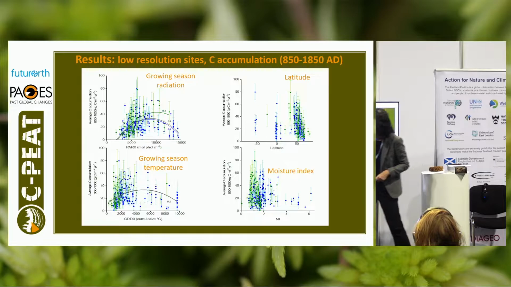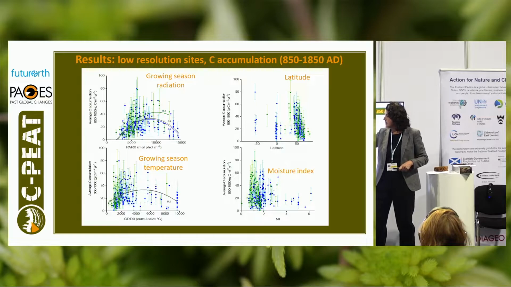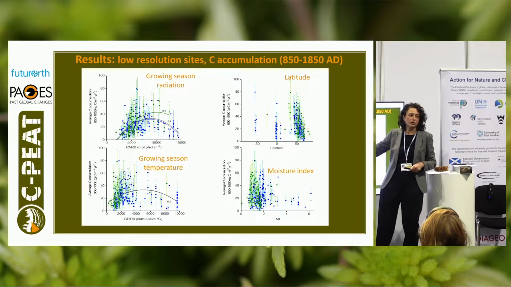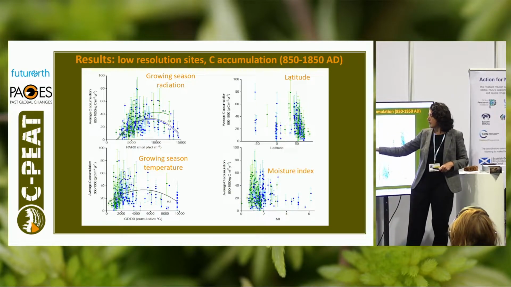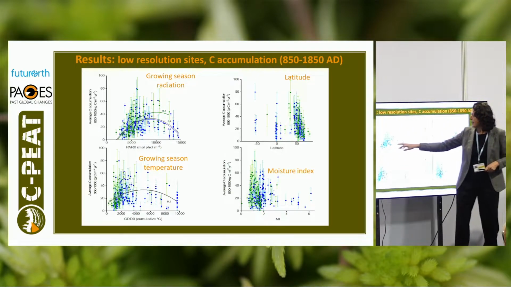Basically what you have is sites very high in the latitudes here. As you come towards temperate, you're coming towards this part. And as you come towards tropical, you're at this end of the graph. So basically colder, warmer, and more radiation as you come to this side.